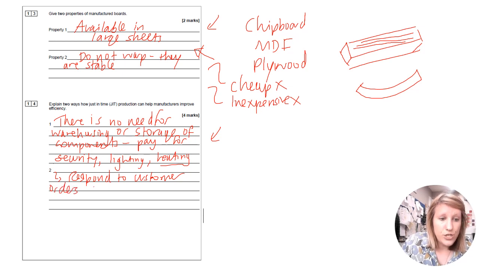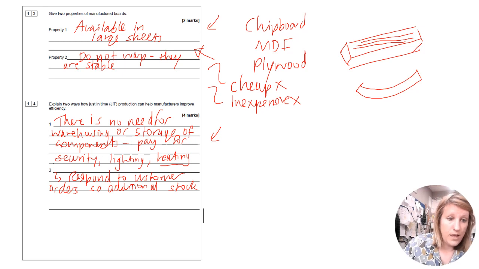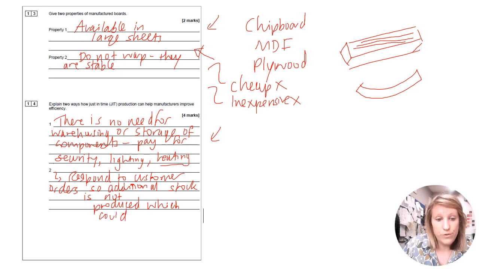So additional stock that could go out of date or could be obsolete after a certain amount of time, that doesn't happen. Okay, respond to a customer order, so additional stock is not produced, which could then not be sold.